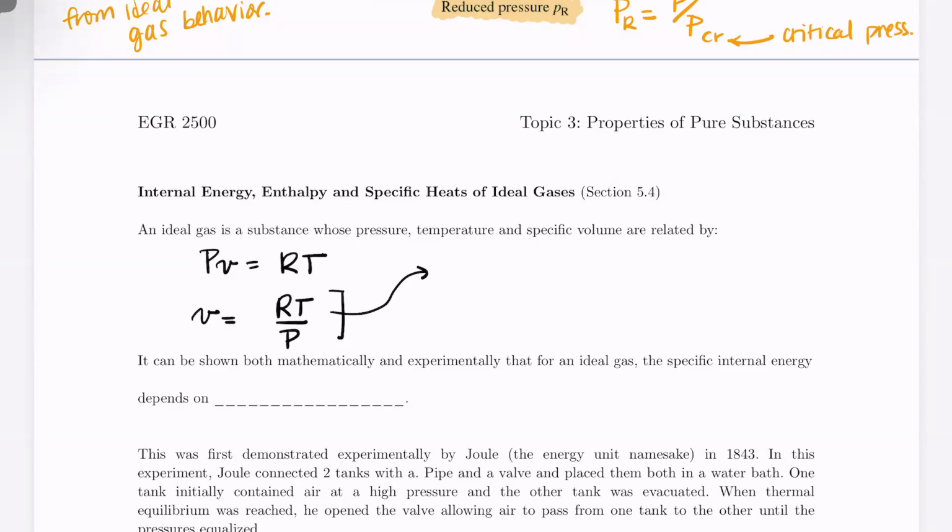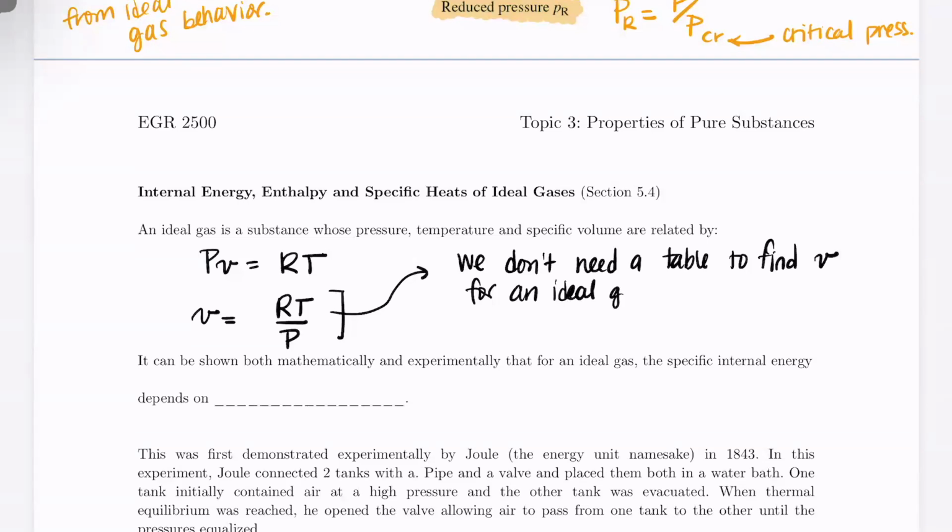So we don't need a table to find v for an ideal gas, and ideal gas tables don't list P and v values.